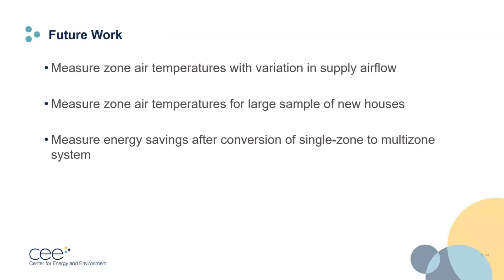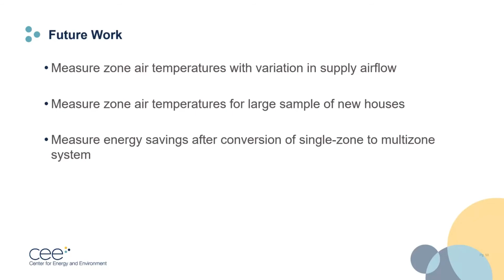As far as future work goes, those field studies of new homes should include measurements of zone temperatures as the distribution of supply air is varied to help confirm the results that we had gotten with our models.